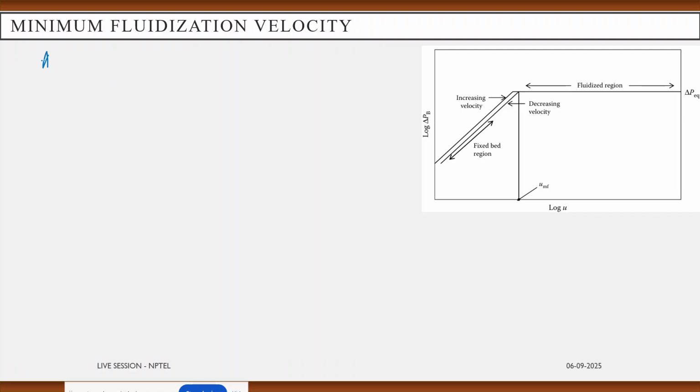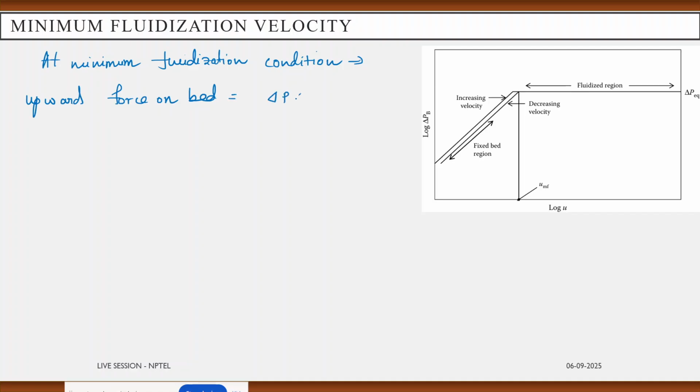So at minimum fluidization condition, the upward force on the bed is delta P into A.